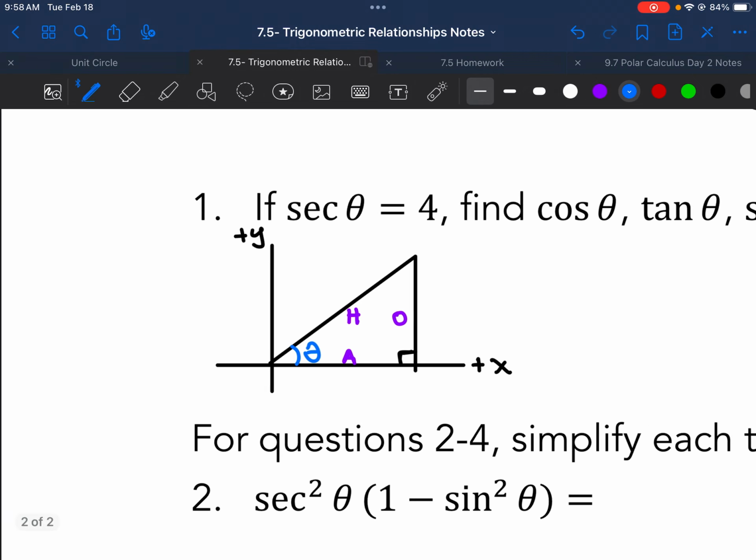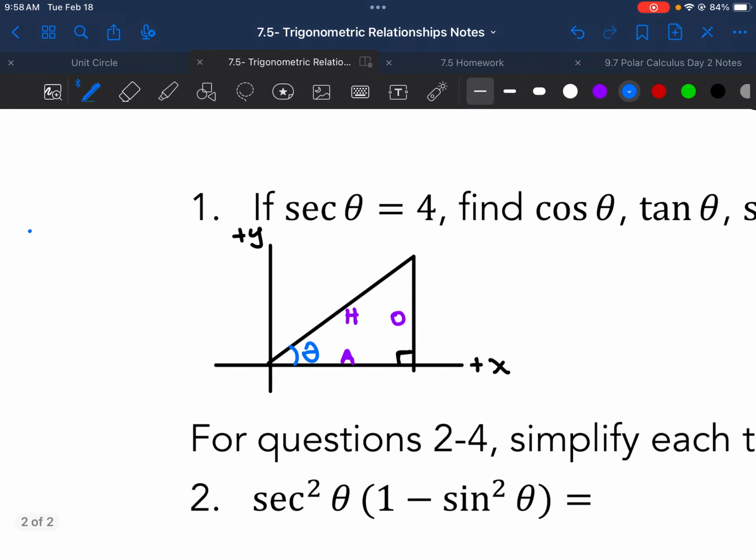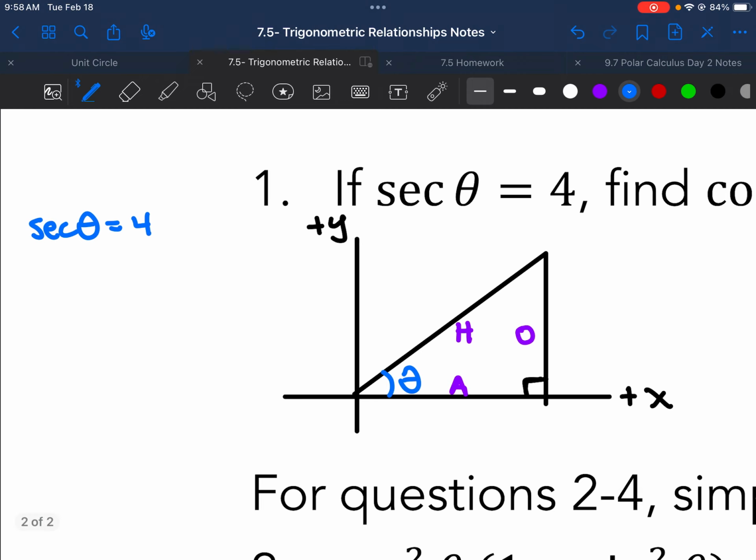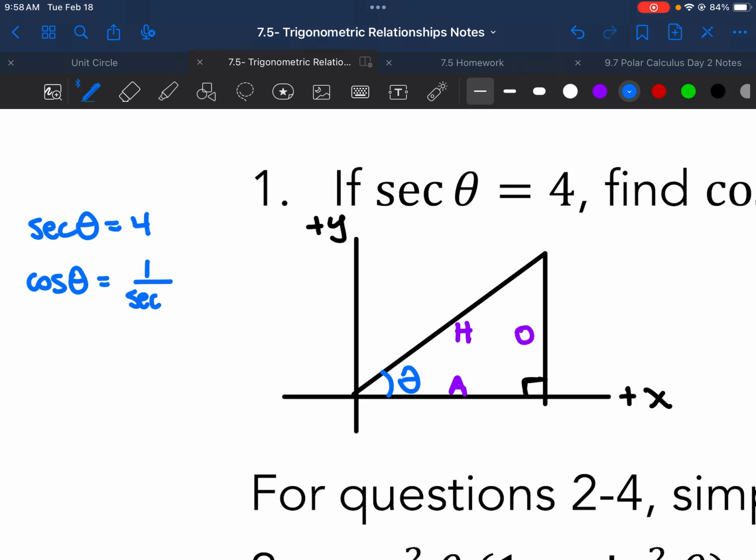Now we were given some information to begin with. We were told that secant of theta equals 4. And since secant and cosine are reciprocals, that means cosine of theta is going to be 1 over secant of theta, which is 1/4.